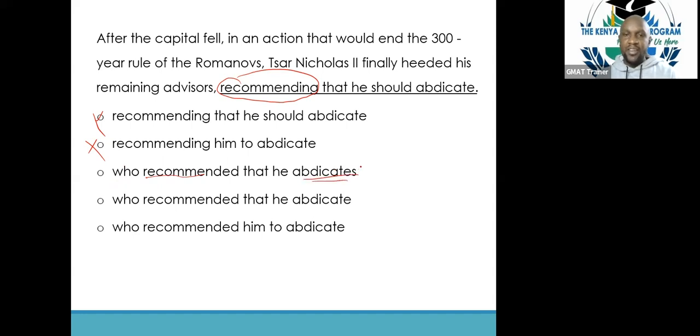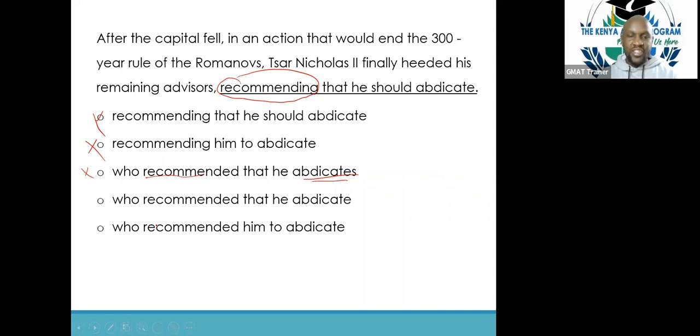As per the rules of the subjunctive, the verb should be in the plural form, which is not the case here. So by that particular rule, C is incorrect. D says who recommended that he abdicate. D is okay. It obeys all the rules of the subjunctive, so you can keep D.